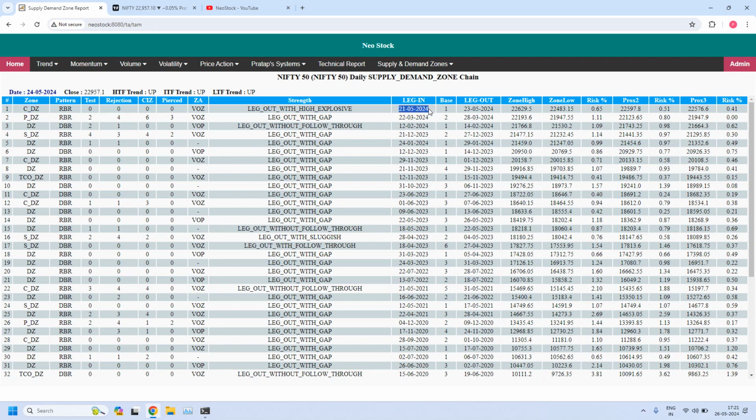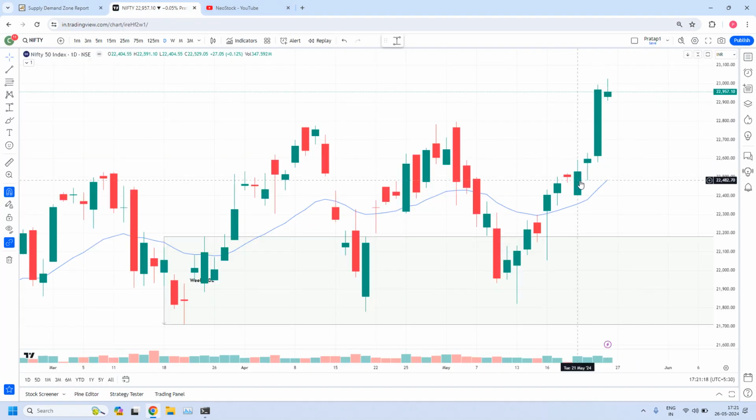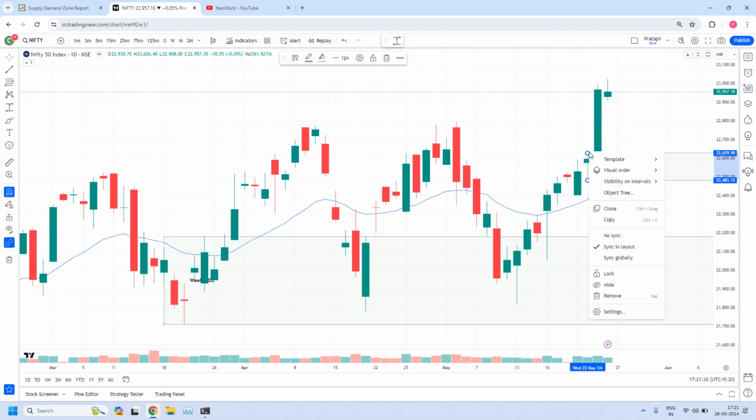The 21/5/2024 is the leg-in. This is the candle, this is the leg-in, we have a base candle, we have a rally candle, and more importantly, this is having daily EMA confluence. See here, it is having a daily EMA confluence, this zone. All these are all positive factors.